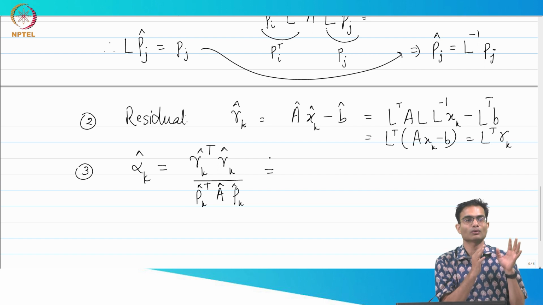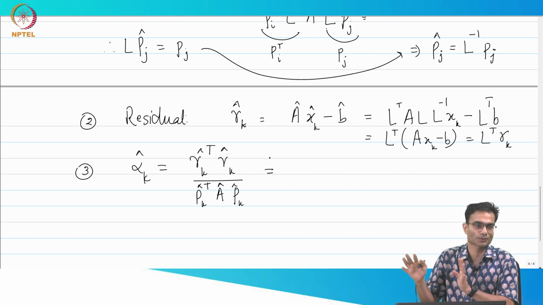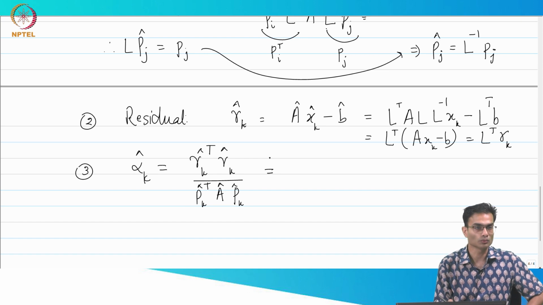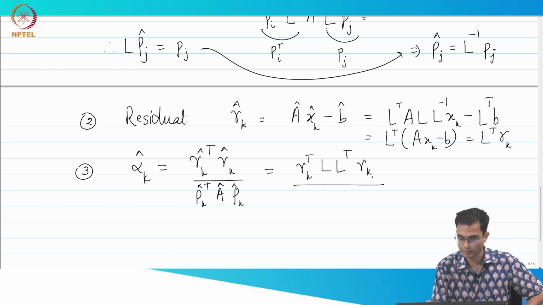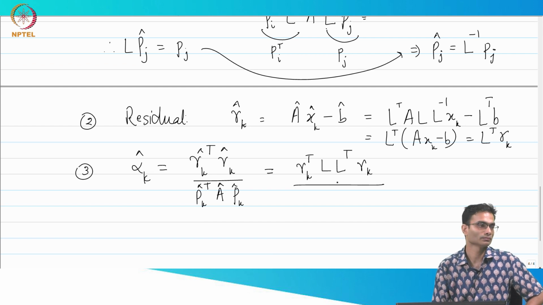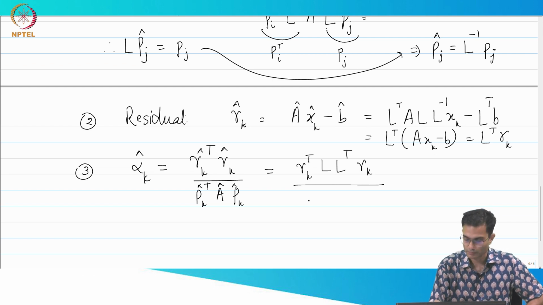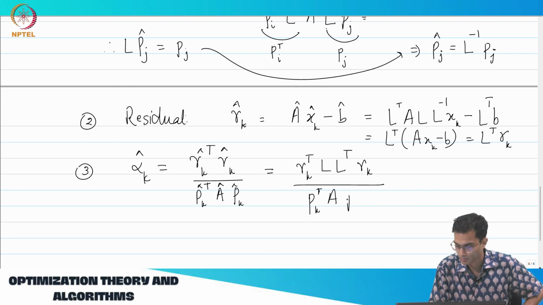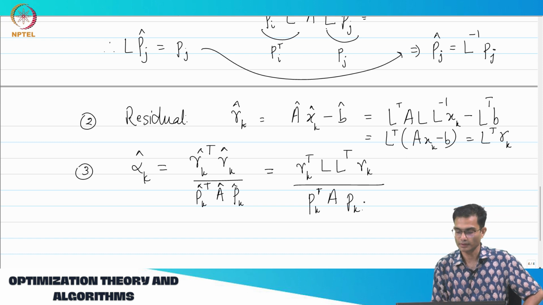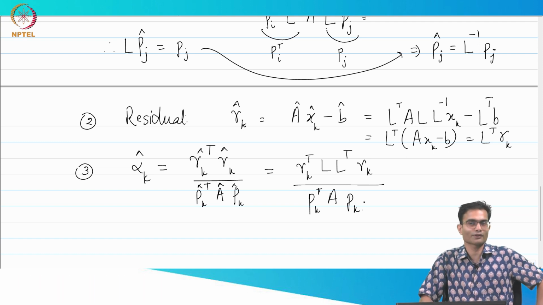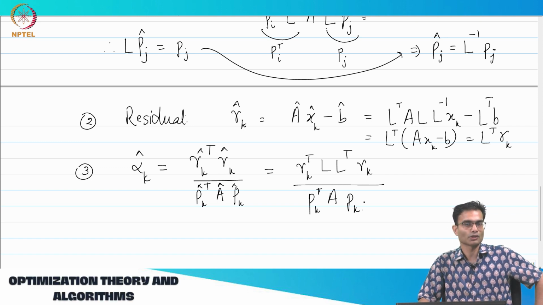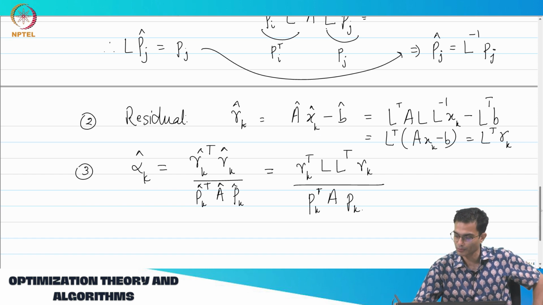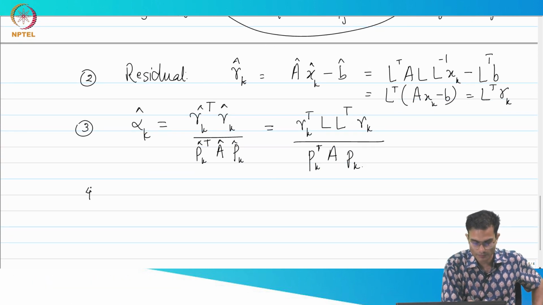I want to get all the new expressions in terms of the old expressions as much as possible. So I can substitute from 2. I am going to get rk transpose L transpose rk. What about the denominator? pk transpose apk. It remains the same. Okay. So this expression looks a little different from the original expression. The original expression obviously did not have an LL transpose hanging out there in between. So this is the first difference that we notice. Let's see how we can resolve it.